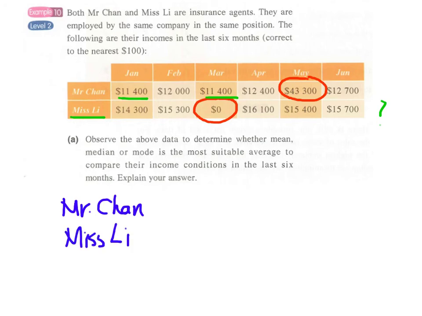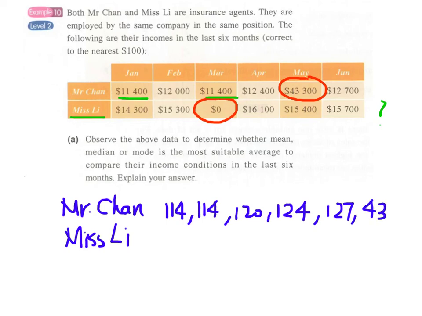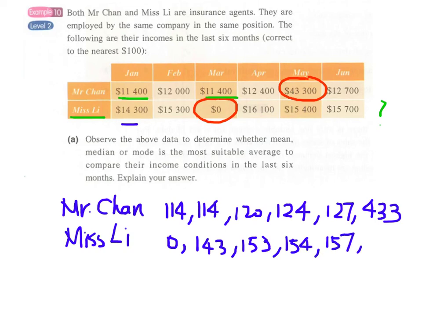in order. And therefore we have, for Mr. Chen, 114, 114, 120, 124, 127, 433. And for Ms. Lee, we have 0, 143, 153, 154, 157, and 161.